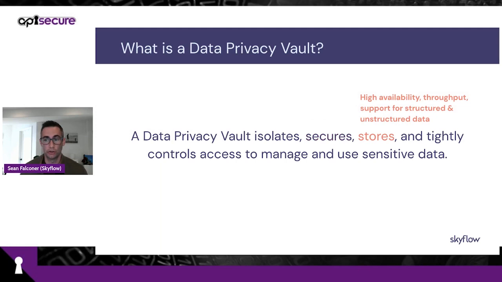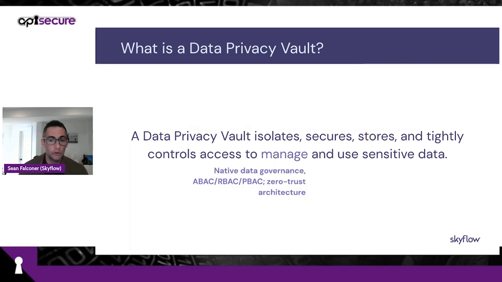This is core infrastructure, so you need high availability in terms of the storage layer, and throughput for structured and unstructured data. You need to be able to manage or govern access based around the principles of zero trust. If you're unfamiliar with this concept, you can think of it as no one or no thing has access until you explicitly give it access.